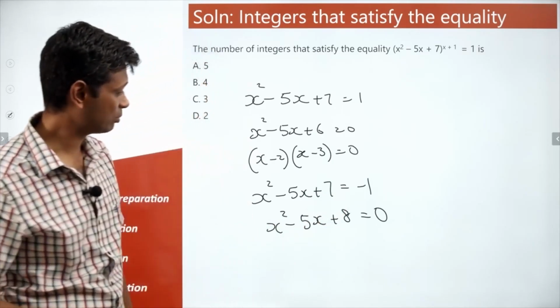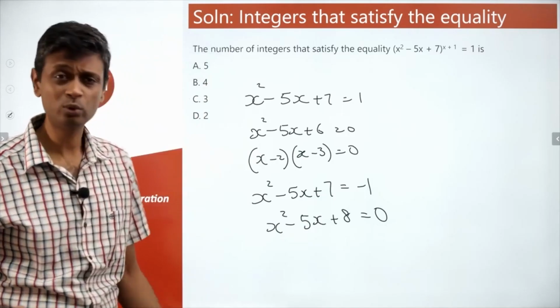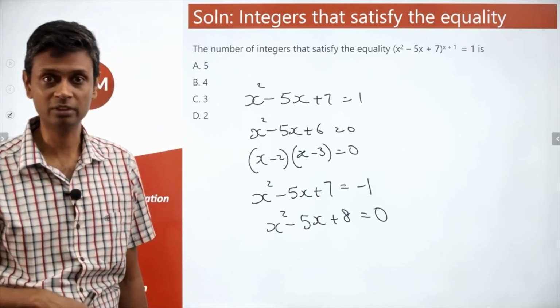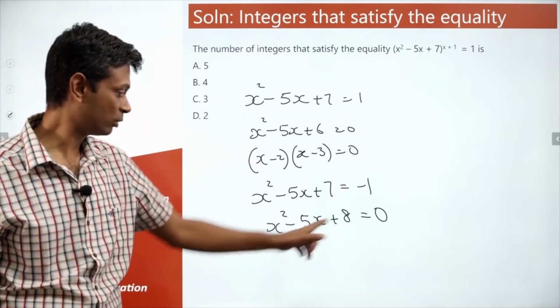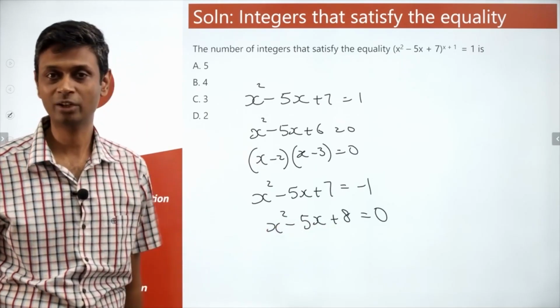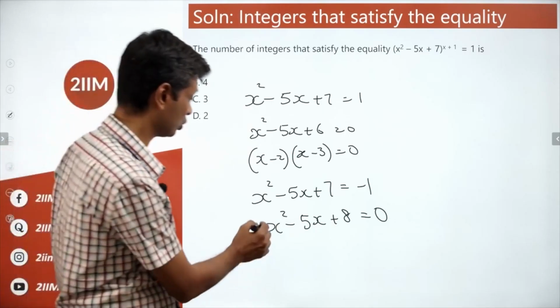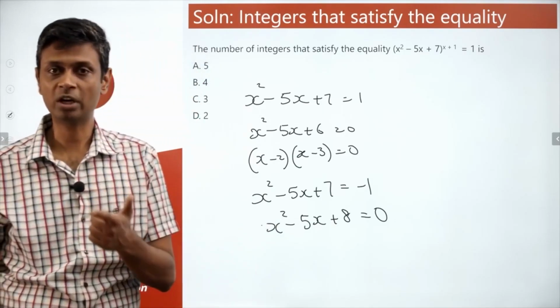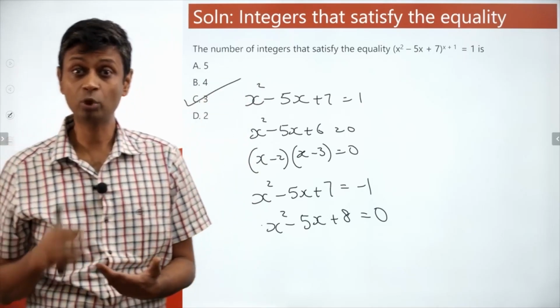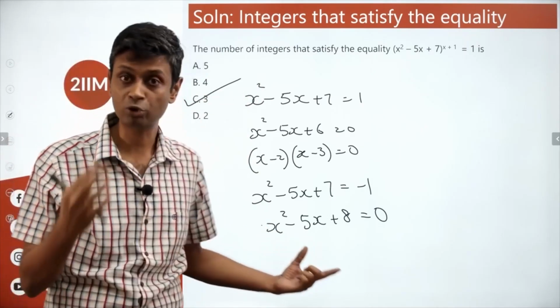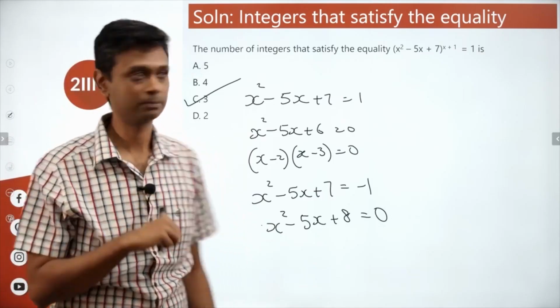I don't think there are integer values that satisfy this, because it's not something that splits easily. It's 2 into 4 or 1 into 8. Minus 2 into minus 4, minus 1 into minus 8 don't work here. So there's no integer solution possible here. So 2 and 3 work, minus 1 works. There are 3 solutions possible. Generally, as a rule of thumb, you'll have to worry about this possibility also. In this case, it doesn't matter.